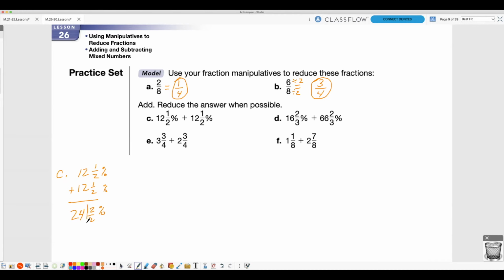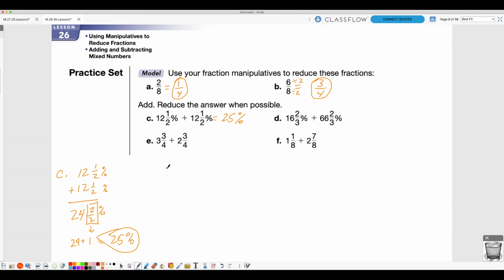Then you need to recognize that this 2/2 is the same as 1 whole, so it's like 24 plus 1, which equals 25%. So for letter C, this would be 25%. Go ahead and do letter D.